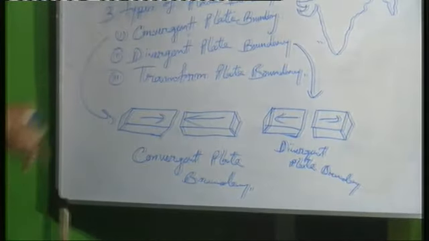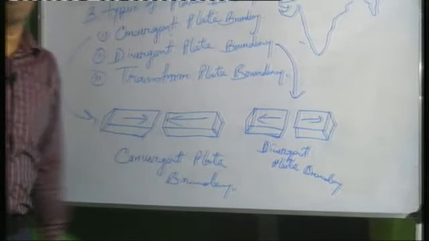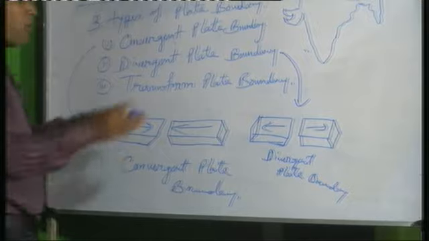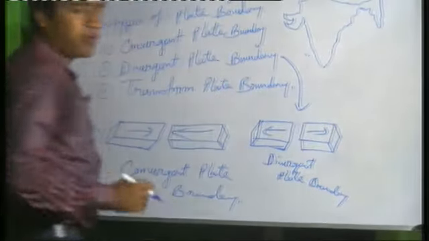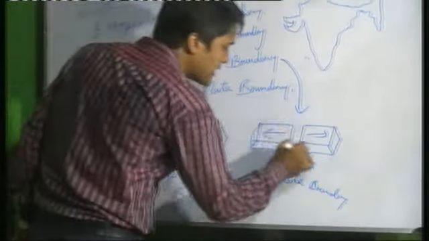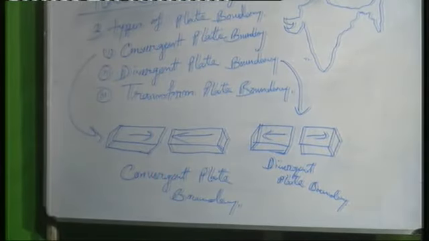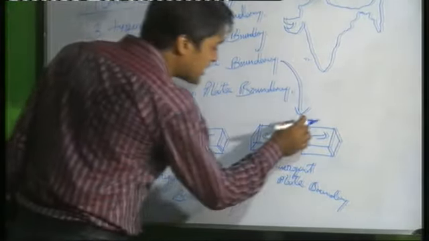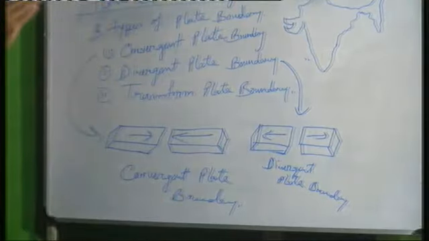Due to the movement in opposite directions, in the middle portion some fault-like structures develop. Generally these types of features are found in the middle of the ocean.